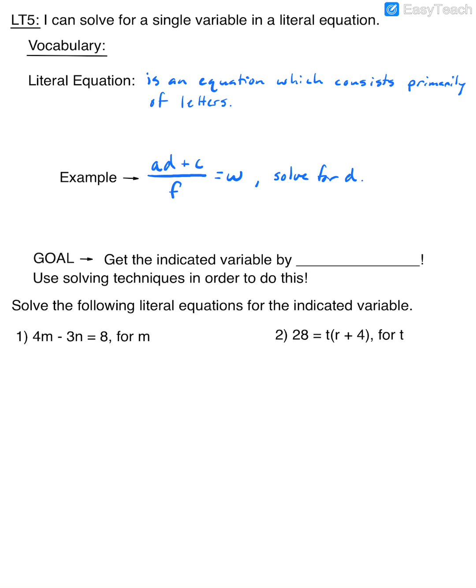Okay, so the goal here is to get the indicated variable by itself. Okay, and we're going to use those solving techniques in order to do this.